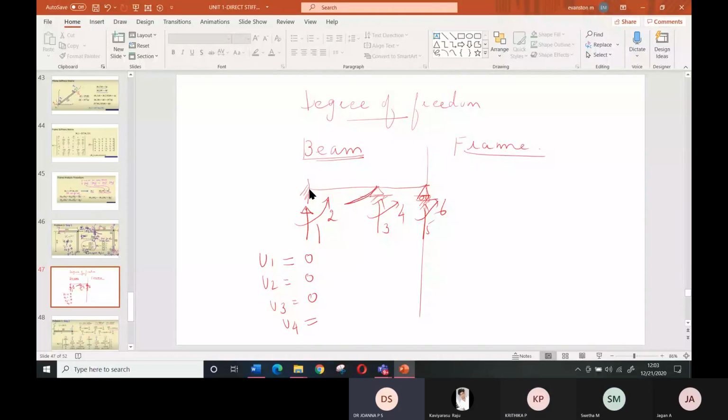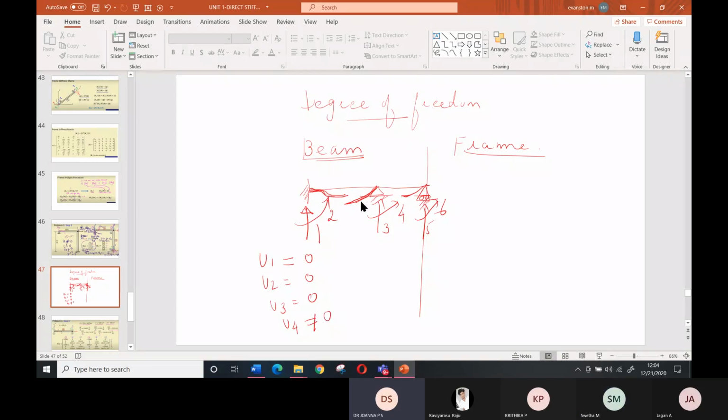Here, if you take, there will not be any rotation at the end. But here, you will have a rotation. Are you able to see the difference? There is no rotation at the end, but here it is rotation. Here also you will have rotation. So U4, whenever you are having rotation allowed, then that is not equal to 0.